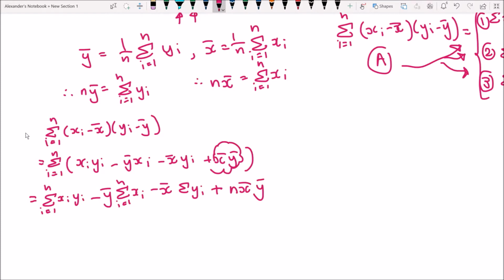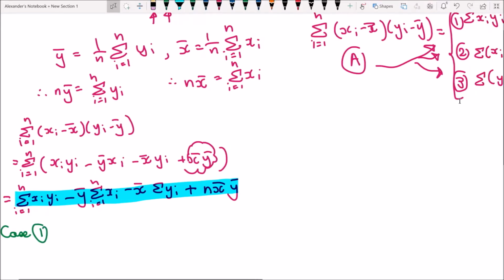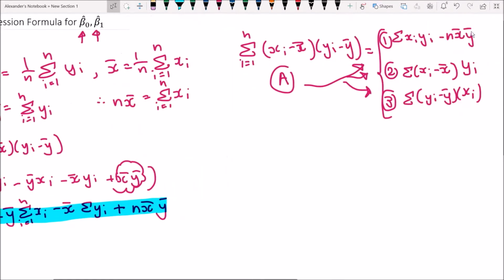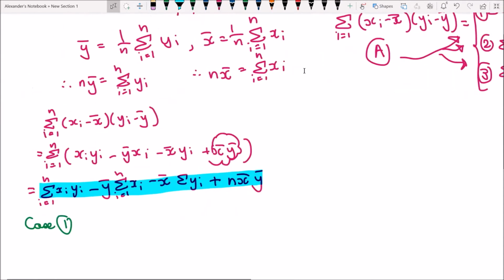From this step, we can easily find the results for 1, 2, and 3. Let's look at case 1, which is over here. This can be written as the summation of xi yi minus n x bar y bar.